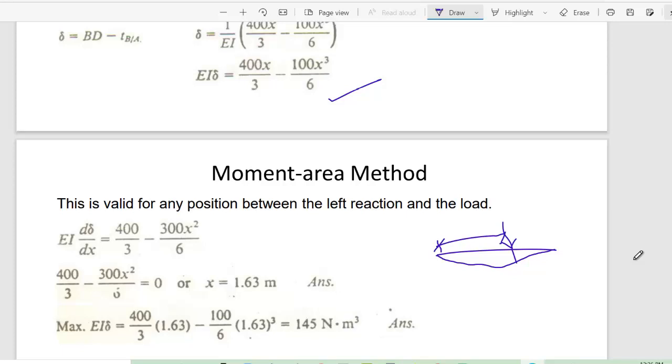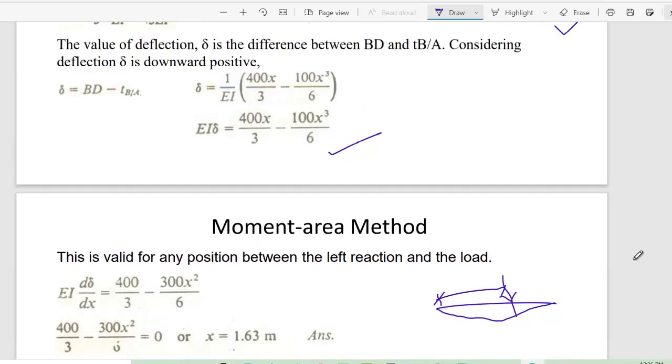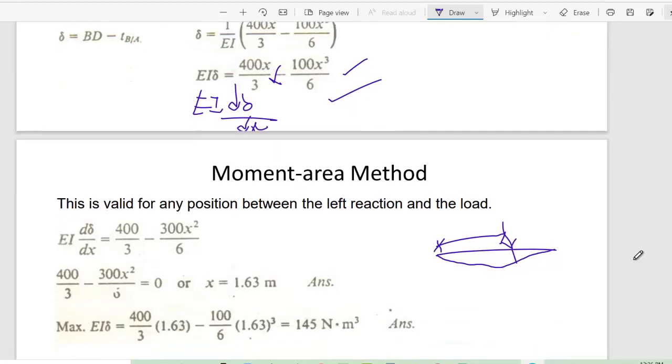Now if you consider the differentiation of these equations, we get EI d delta by dx. If you differentiate this term and this term, you will get 400 by 3 and 300 x squared by 6. I hope this is the simple differentiation you considered. Now the challenge is how you can find the value of x.